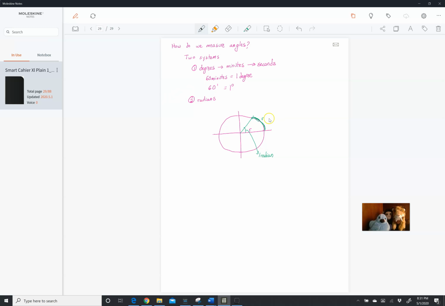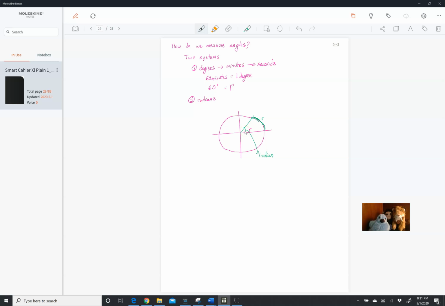The angle that we create by connecting the end of that radius to the center gives us 1 radian, okay? So again, this length is equal to the radius, and then we can connect this point, the center, to this point at the end of that length, and the angle that we create is equal to 1 radian.